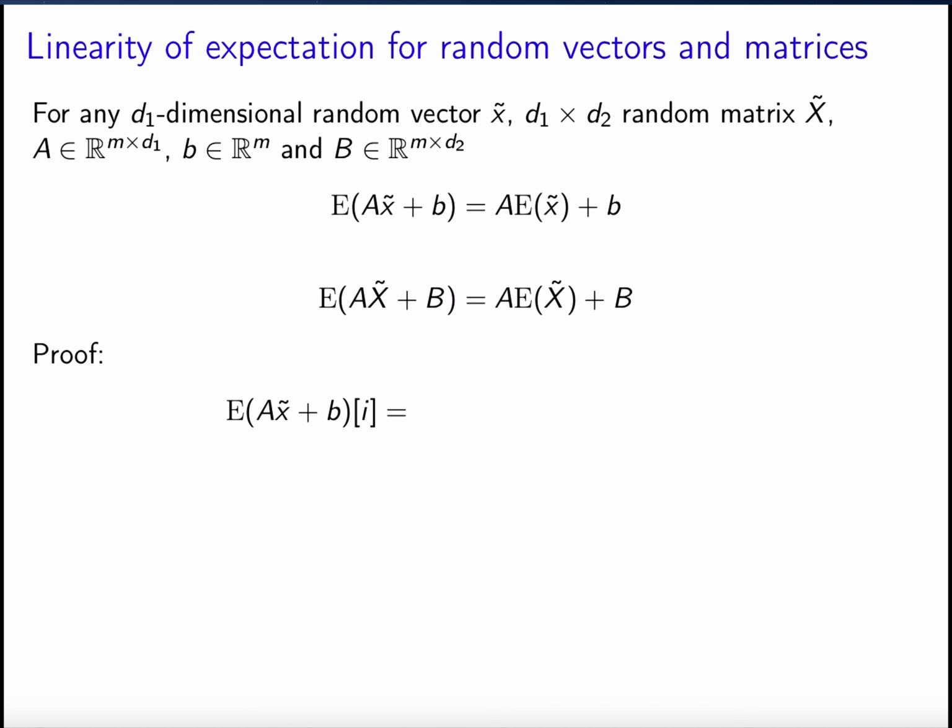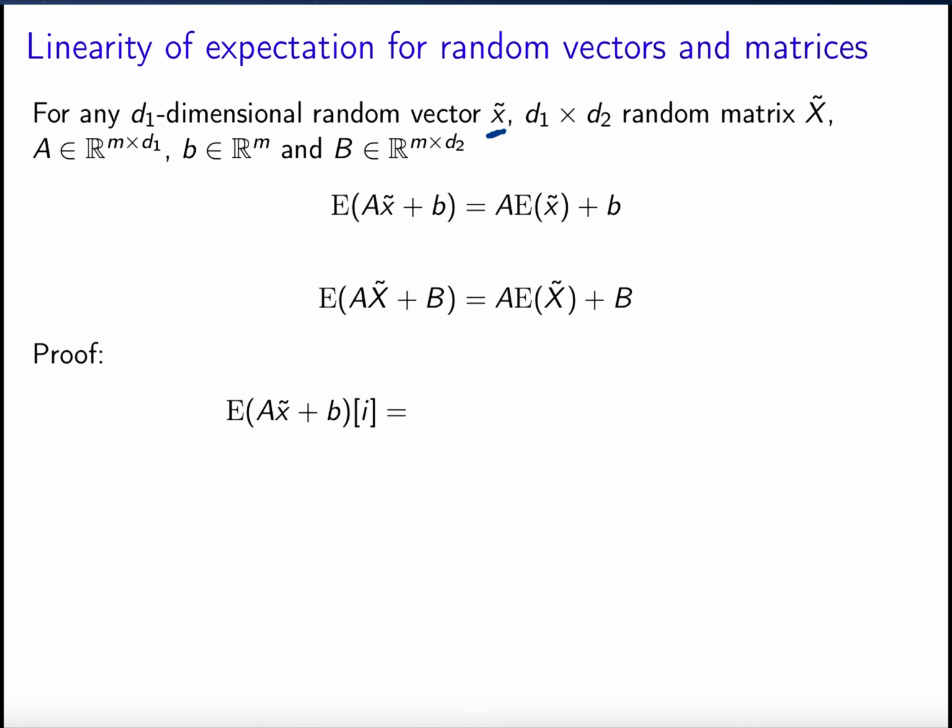So for example, if we have a random vector X, we multiply it by a deterministic matrix A and we add a deterministic vector B. Taking the expected value of the product plus this other vector is exactly the same as first taking the expected value of X, then multiplying by the matrix and adding the deterministic vector. So this is exactly the same as what we saw in the scalar case. Same thing for random matrices.